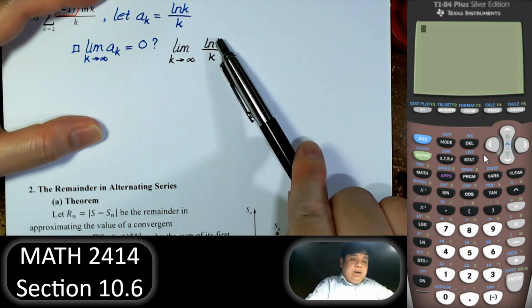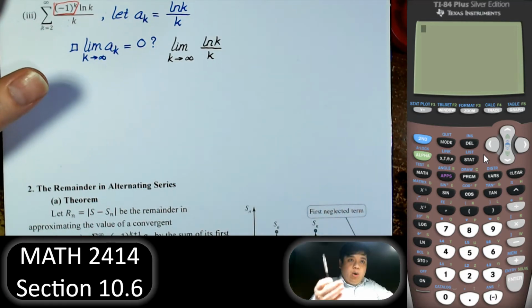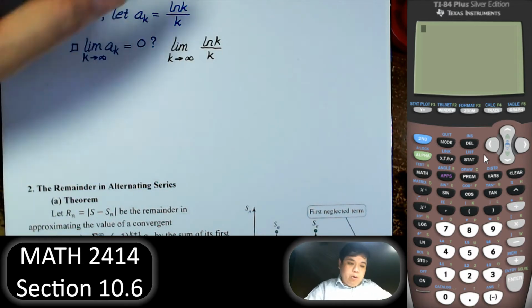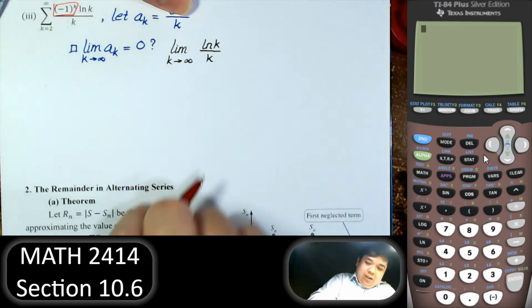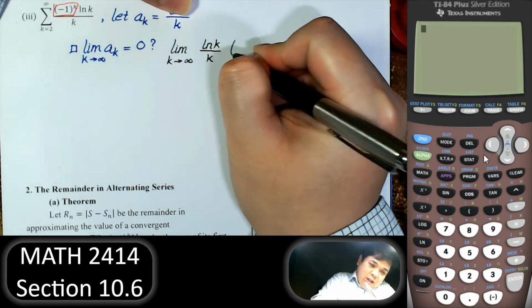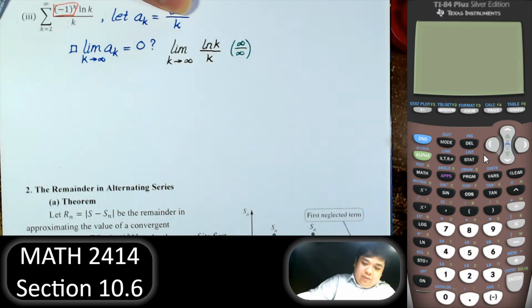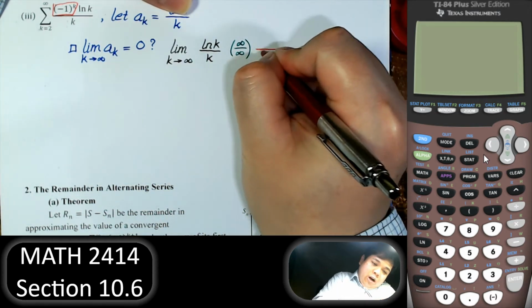Now put infinity in, we have infinity over infinity, indeterminate. So if it is indeterminate, then we will use L'Hôpital's rule.